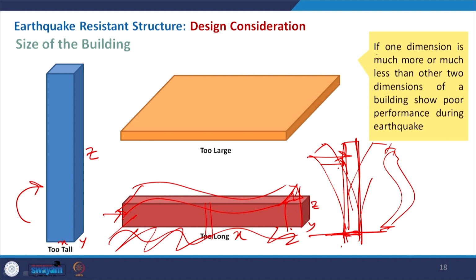So, what it says is that if one dimension is much more or much less than the other two dimensions, it will perform very poorly. Now, if we take a large portion of the building without any expansion joint, then also it will be difficult and it will not perform well in the earthquake, if it covers a very large area.